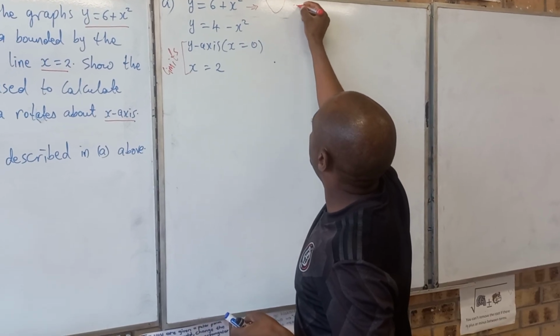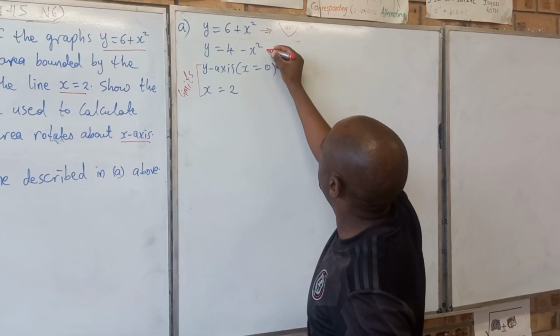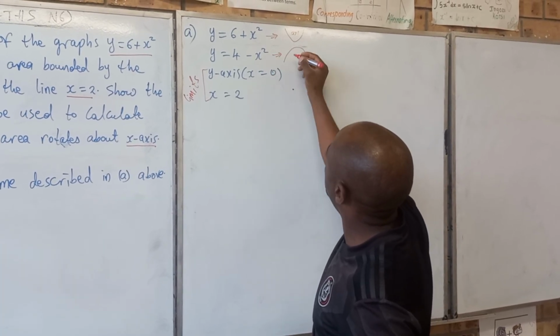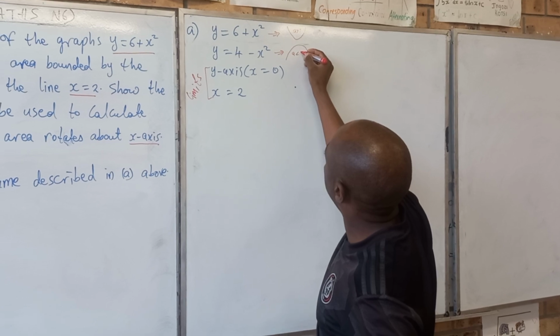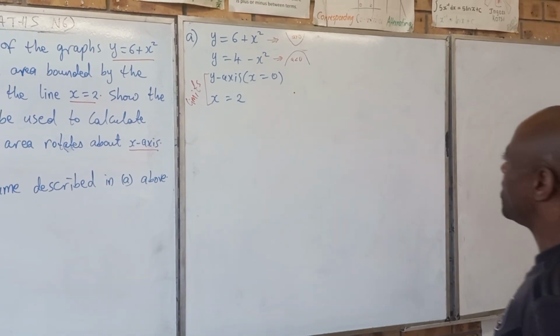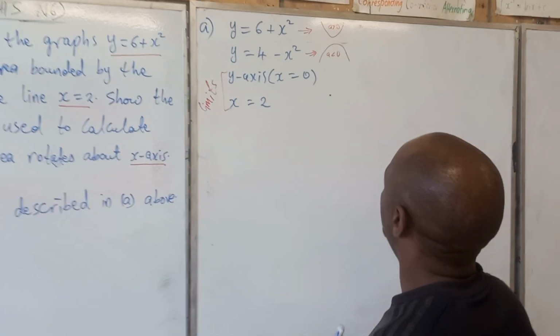Here you see the coefficient of x squared is positive. Then this one is what we always refer to as a sad face, because the coefficient of x squared is negative. Negative means less than 0, positive means greater than 0. So once I'm sketching the graphs, that is all I do.